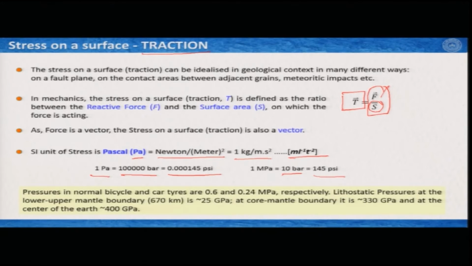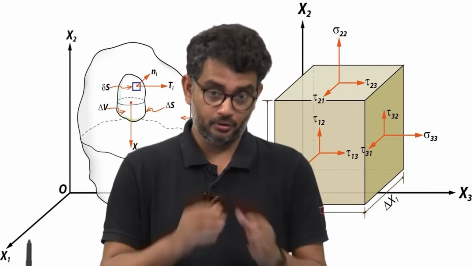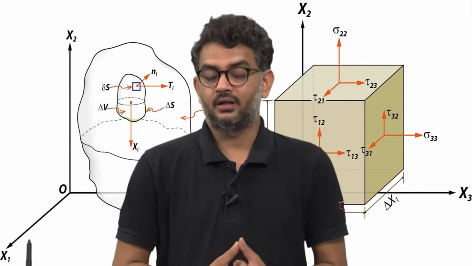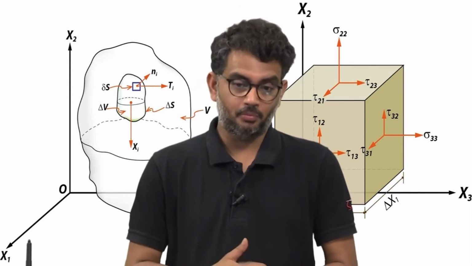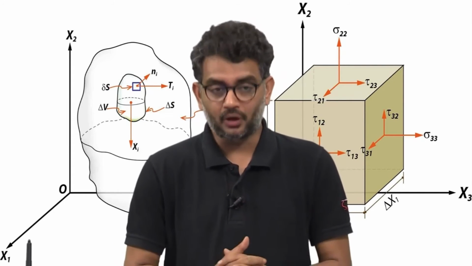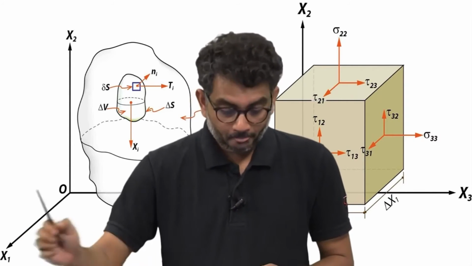At the core mantle boundary, it is about 330 gigapascal, and at the center of the earth it goes close to 400 gigapascal, where the temperature is close to 6000 or 7000 degrees centigrade. So, this is the magnitude of the pressures that structural geology, tectonics or geodynamics people think and work with, right.